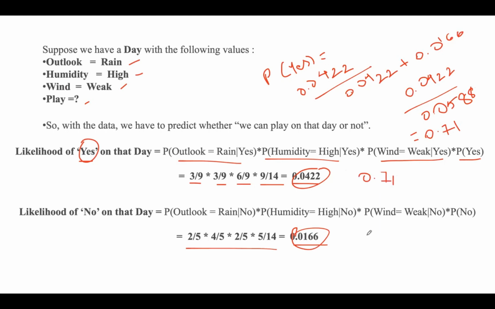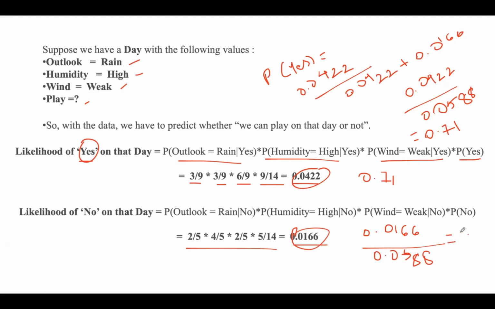Calculate for the other one also. This is 0.0166 divided by this sum, and that sum is 0.0588.